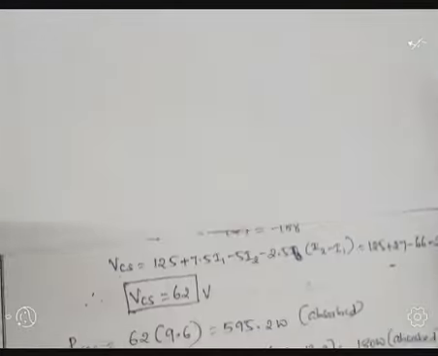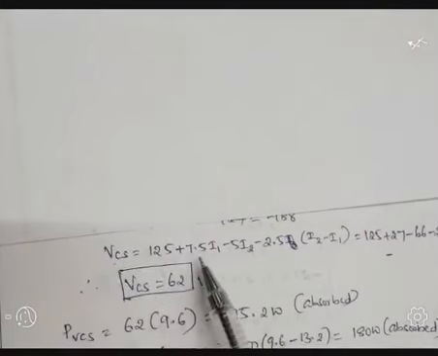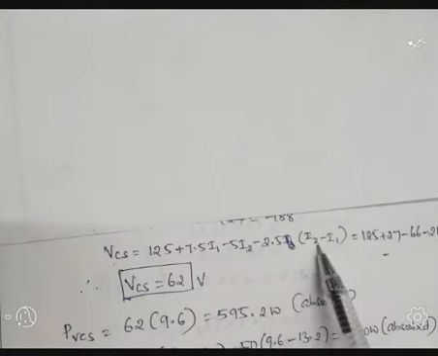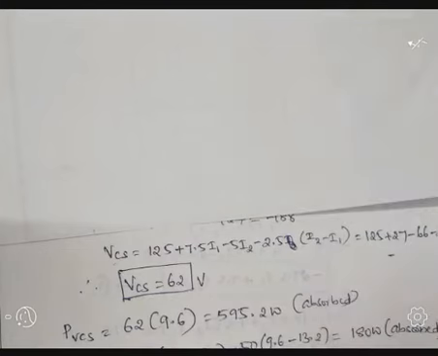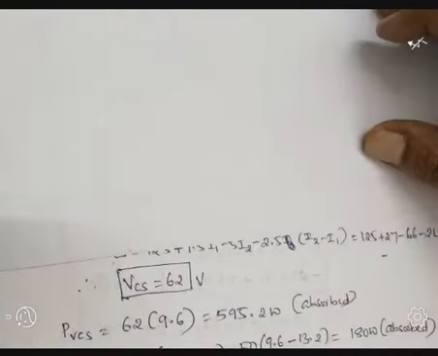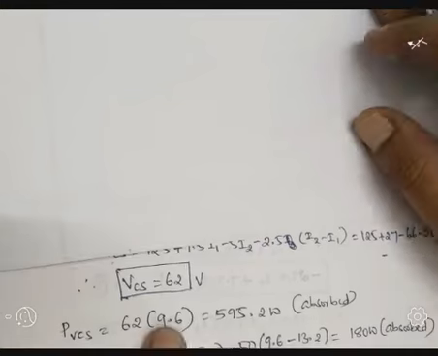Do the simplification, and you get VCS equal to 125 plus 7.5 I1 minus 5 I2 minus 2.5 I3. In place of I3, I substituted I2 minus I1. So the answer is VCS equal to 62 volts.